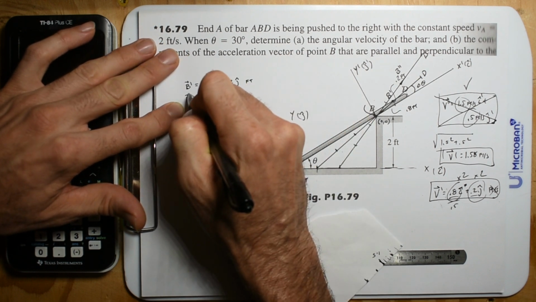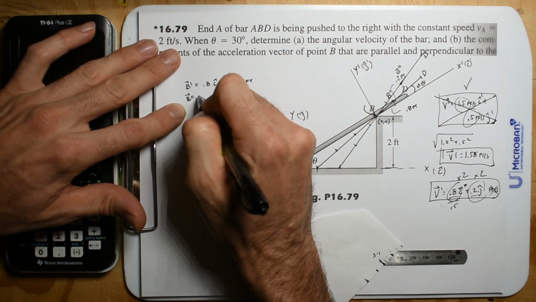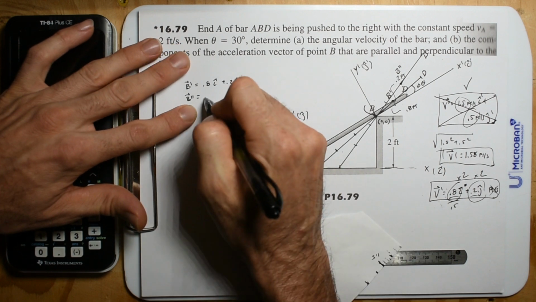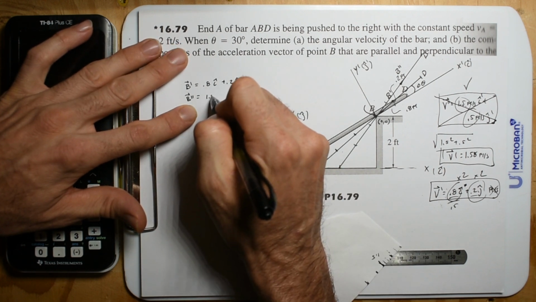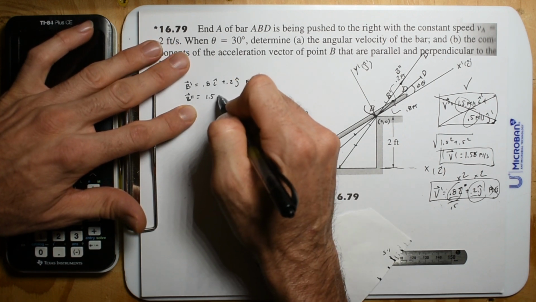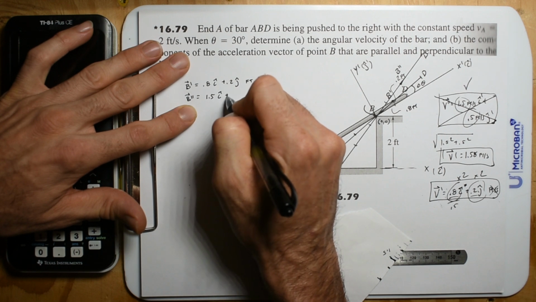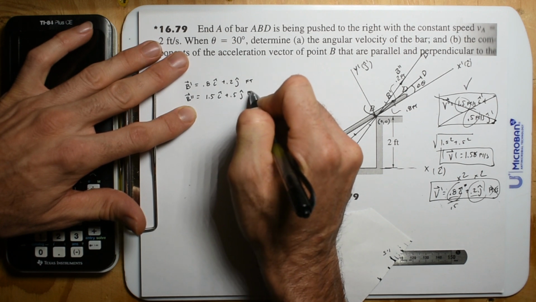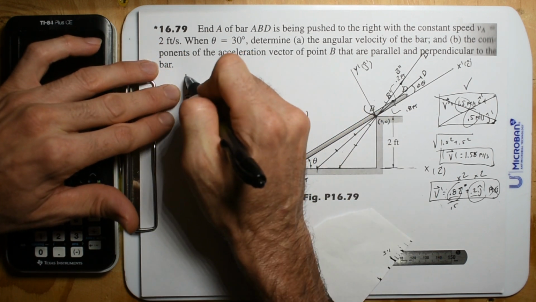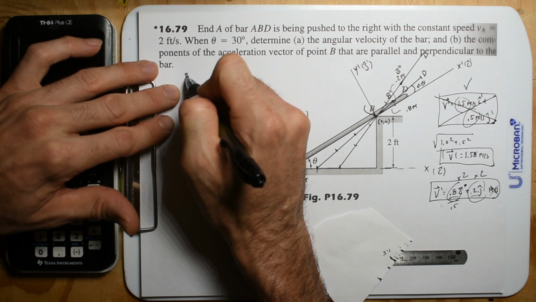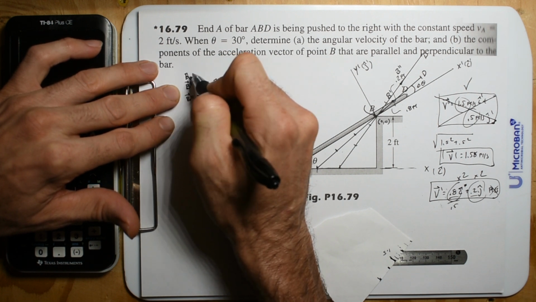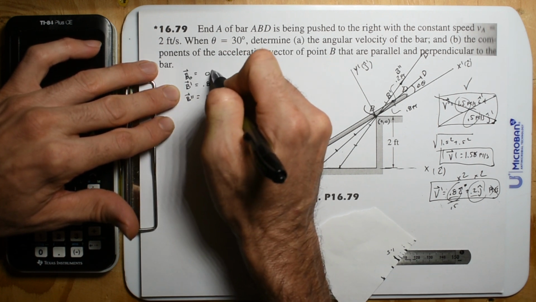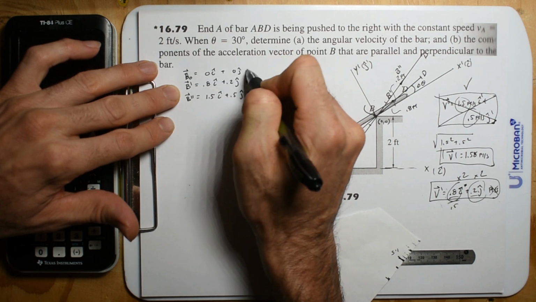And then we have that B double prime. So in 1 second, we're at a distance of 1.5 I plus 0.5 J in feet. And then I'm just going to call it B naught, and this is going to be 0 I plus 0 J feet.